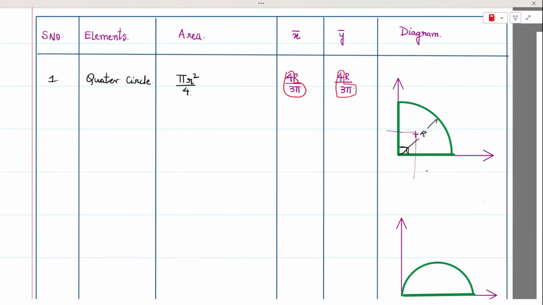And same way, if you are approaching from the other end of the right angle vertex of the quarter circle, that would be from the curvature side.